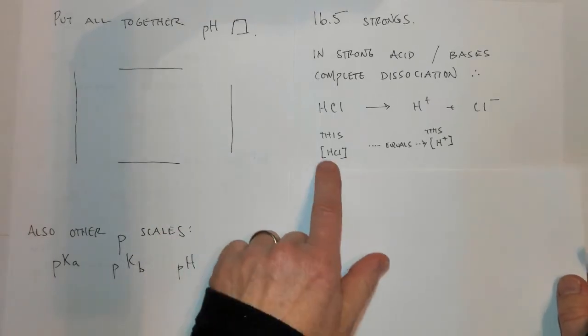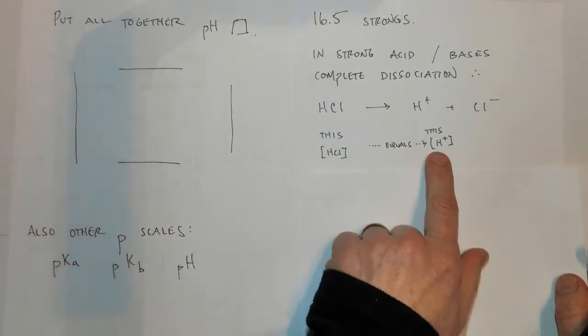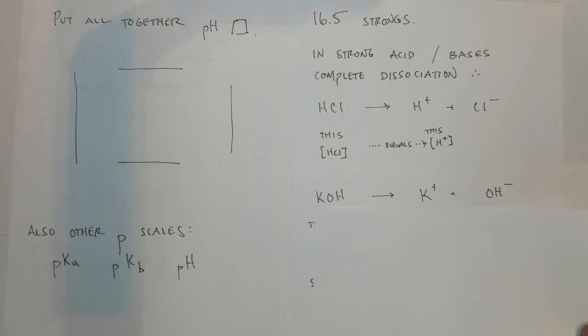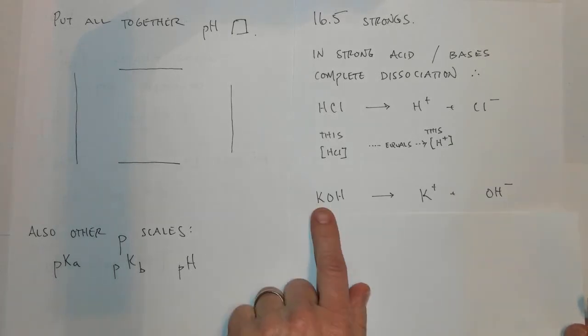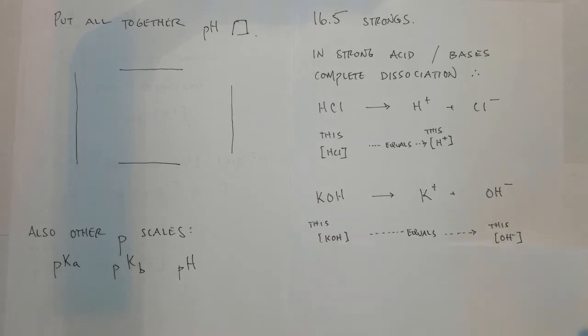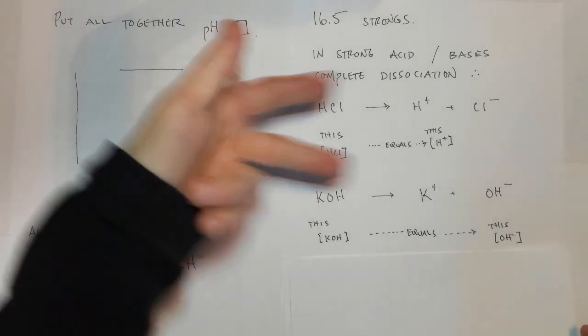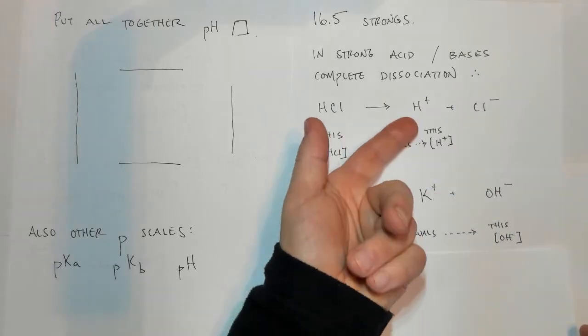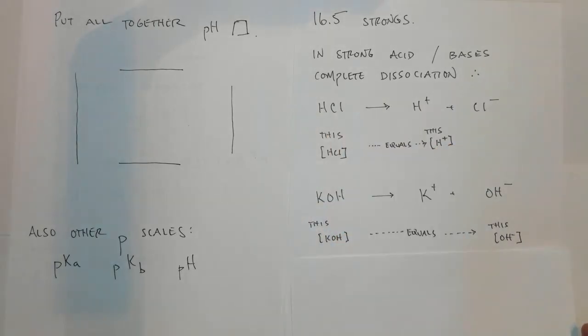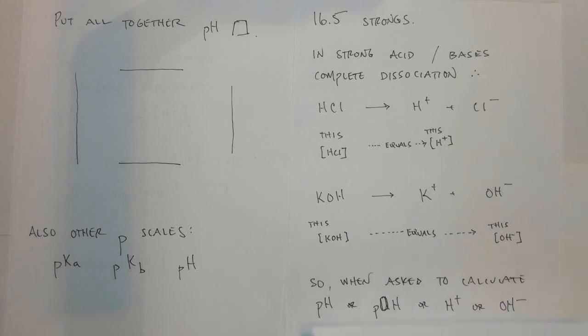And so whatever the concentration of HCl was, that equals the concentration of H plus. The same is true with strong bases. Whatever the concentration of KOH was, this equals the concentration of OH minus. And so if you're given a concentration of 0.1 molar for each of these, that's actually the concentration of H plus or OH minus, depending on which species you're talking about.